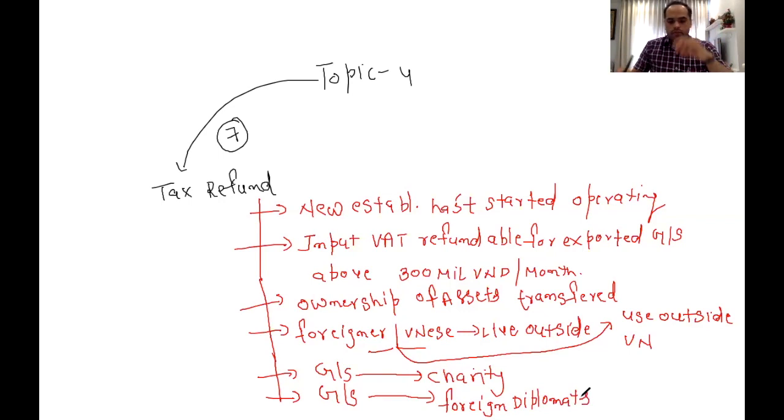Right. So probably foreign diplomats could be from Korea, Japan, the US, or Australia. If they acquire any kinds of goods and services in Vietnam, they can claim input VAT. Of course, tax refunds for input VAT.